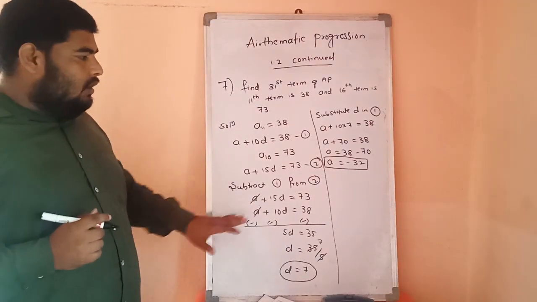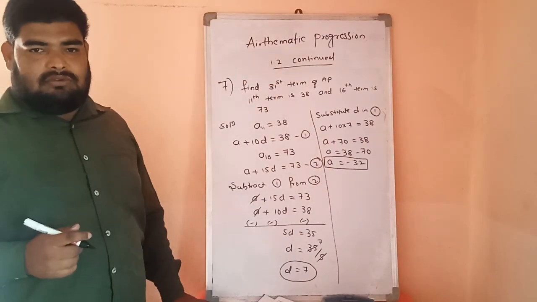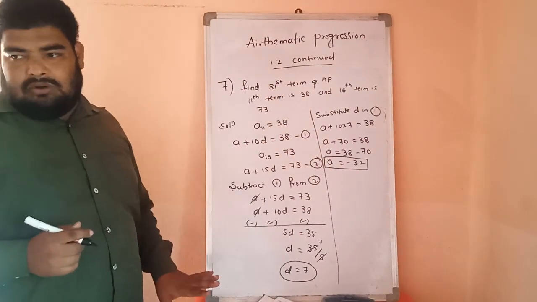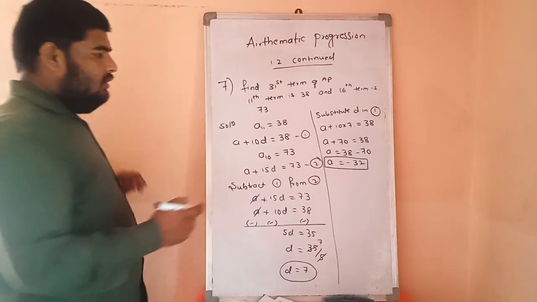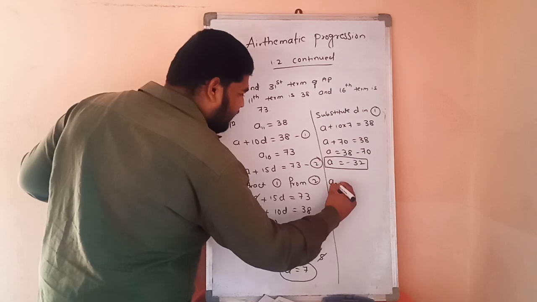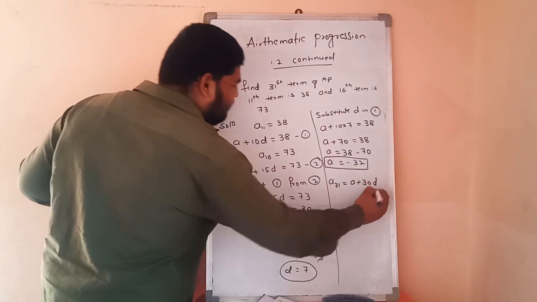Okay, now after getting a and d, we can find any term. The 31st term is asked. So a31 is equal to a plus 30d. Yes or no? So a31 is equal to a plus how many d's? 30d.